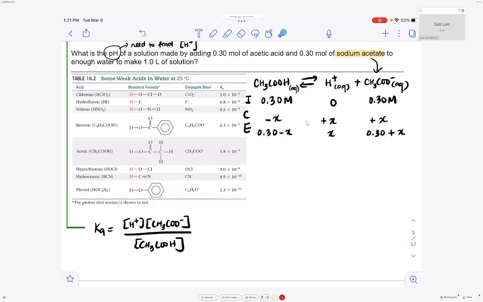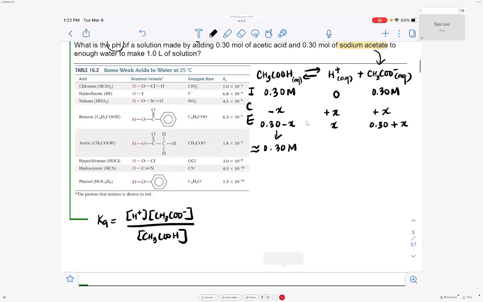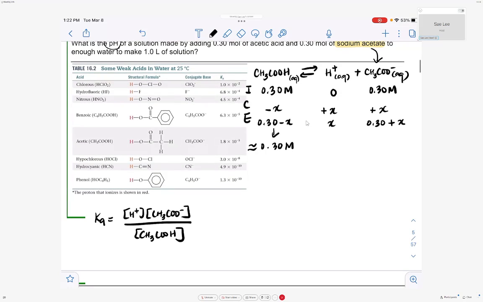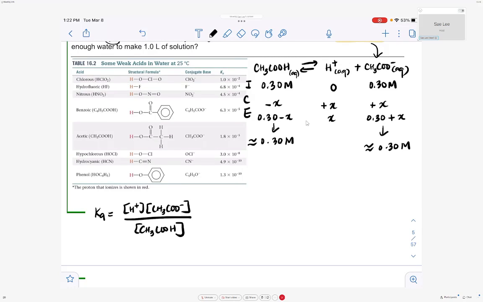So we're going to assume that this is very, very small, and we're going to disregard or neglect the amount of X in the equilibrium concentration of the acid. Again, we're going to neglect the X.